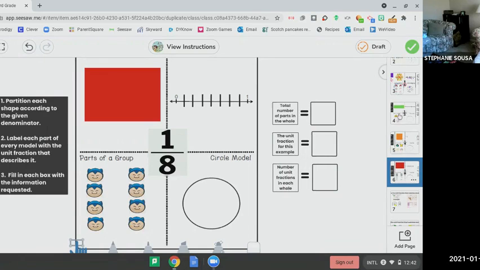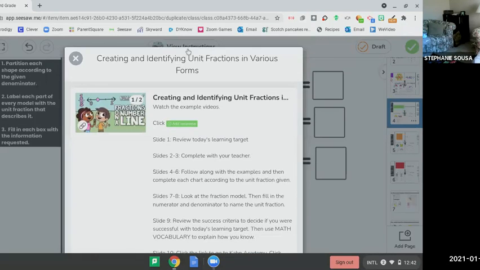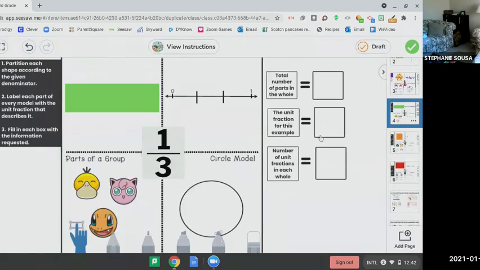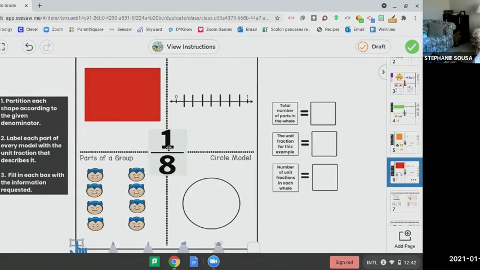All right. So you are, according to the instructions, going to complete slides 4 through 6 according to the given unit fraction, okay? So these are just like what we did. There's a fraction in the center, and you're going to create that model with each one of these, okay? You're going to do the same thing for 5, only the fraction is 1/4, and the same thing for 6, only the fraction is 1/8, okay?